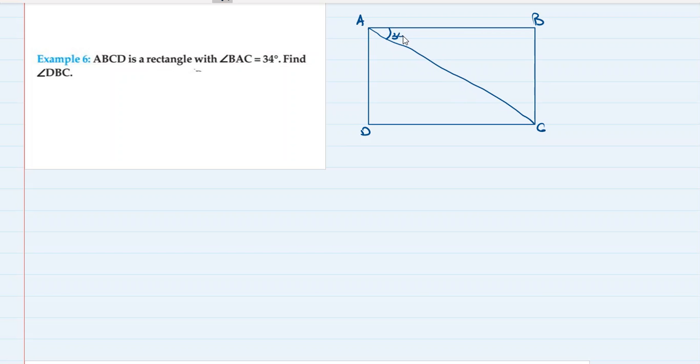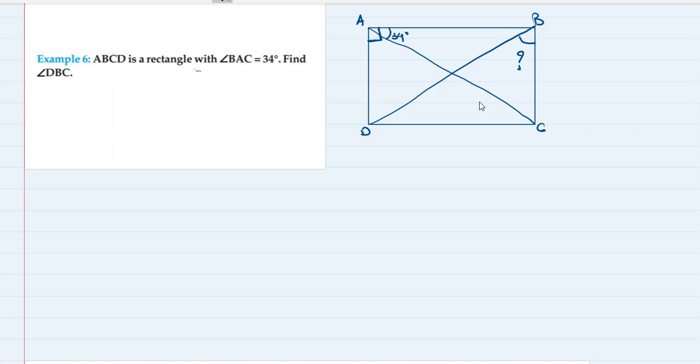Remember, this is 90 degrees. You have to find angle DBC. This is the angle you need to find.